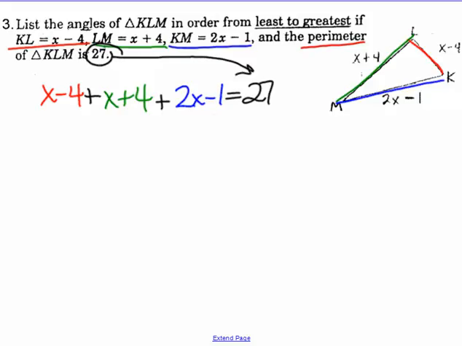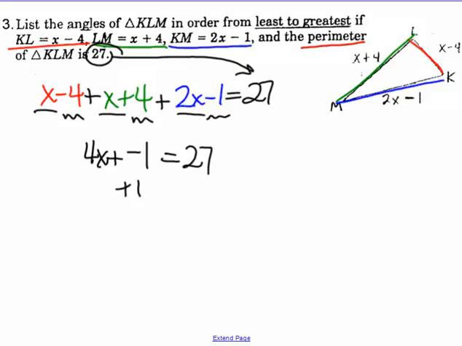Okay, so now, wow, that's a lot of x's and numbers, isn't it? Let's combine like terms. So that's going to be 2x plus 2x is 4x. And now we have the numbers. Negative 4 plus 4 is 0, minus 1. So it's minus 1, 27. Okay, so I'm going to add 1. I get 4x equals 28. So x equals 7.